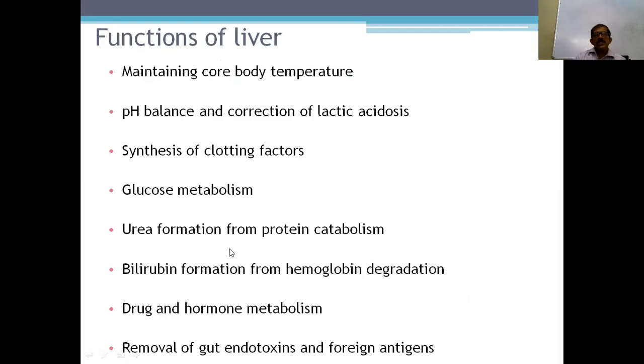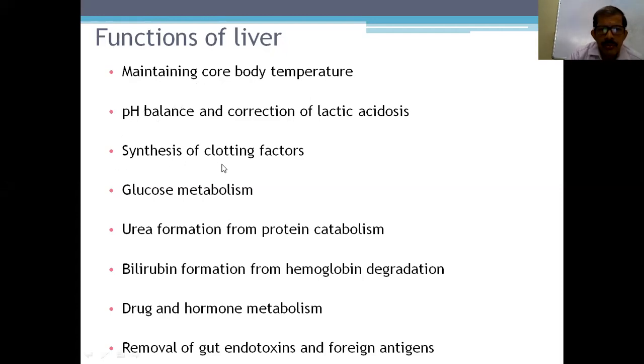What are the functions of the liver? This is very important. Though we know that it is mainly for metabolism, like glucose, fat, and protein, what is important is maintaining the core body temperature. So this is the one that is very important, and pH balance.